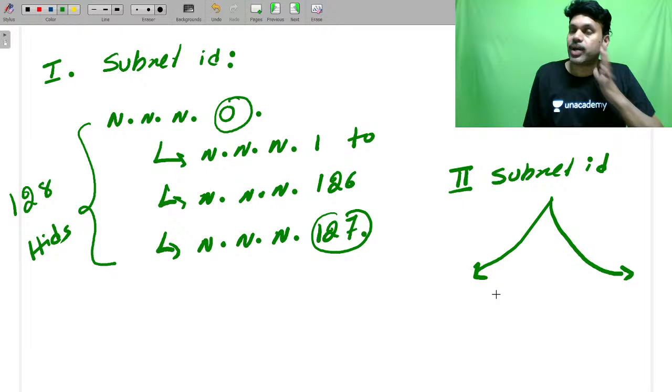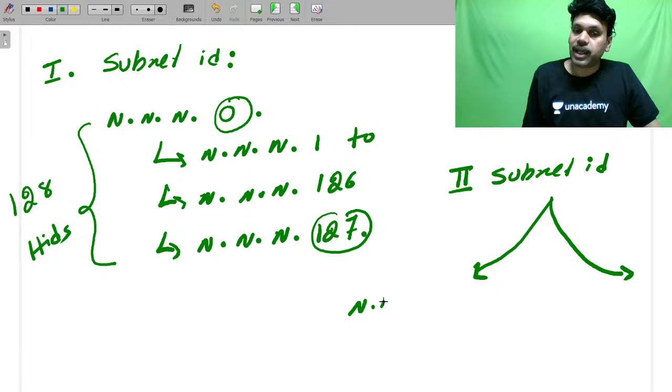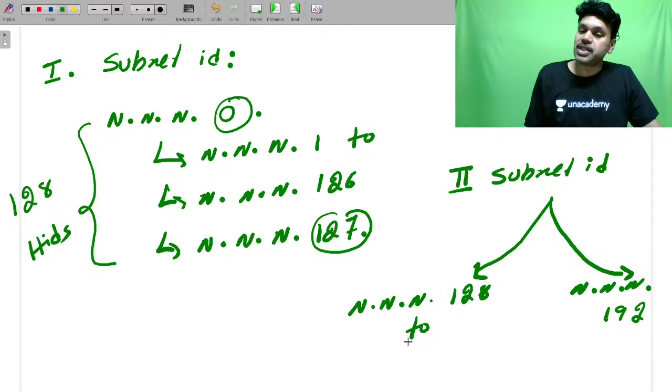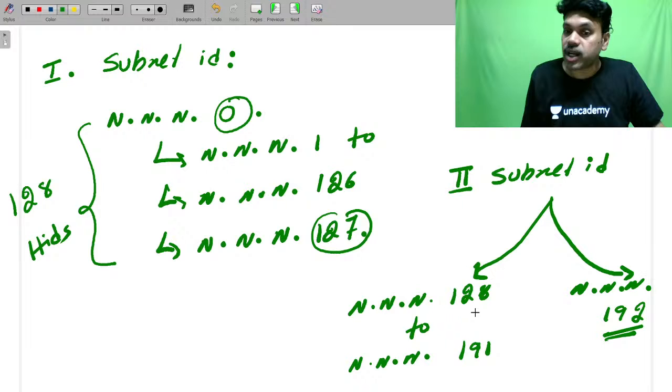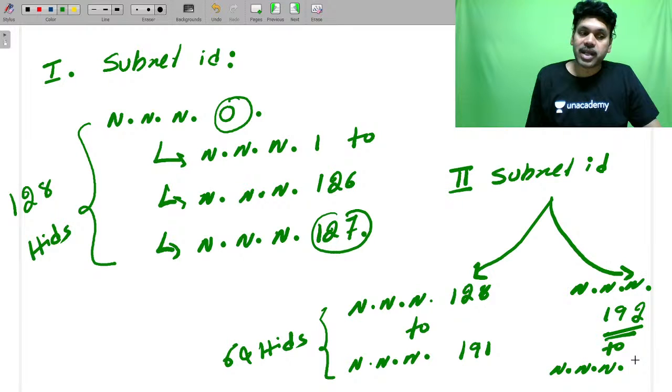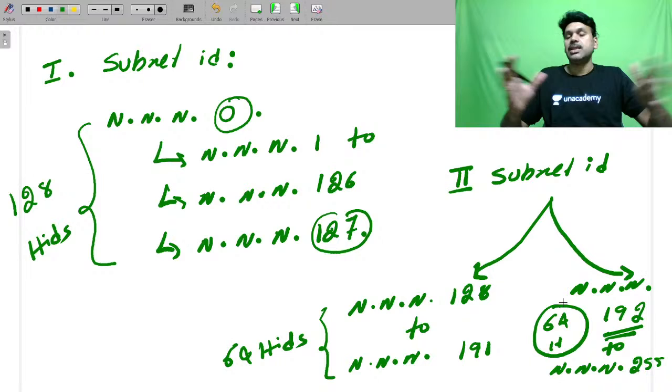Please observe: n dot n dot n dot 128 is chosen, and the other has chosen 192. So what is the range of the numbers? This is your starting number, and the ending number is 191. So 128 to 191 is how many HIDs? 64 HIDs. And here also, starting number 192, the last number is 255. So here also is your answer.